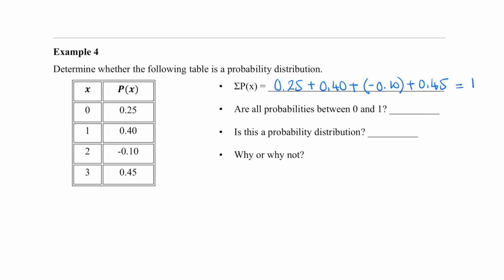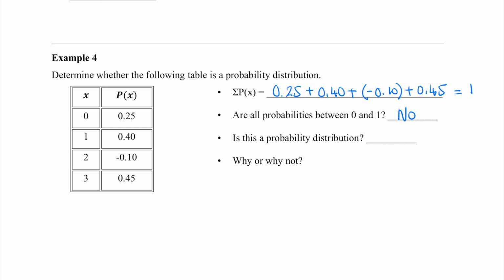Now, let's check the second condition. Look at each of these probabilities. Are they all in between 0 and 1? Nope. This probability is negative. That's the problem. Probabilities cannot be negative. The first condition is met.